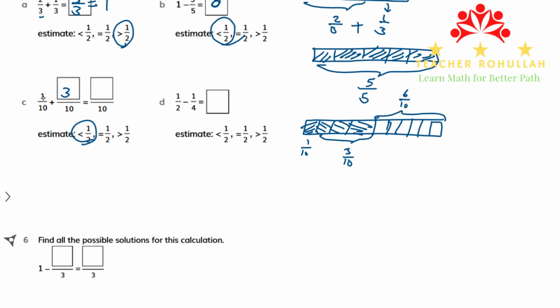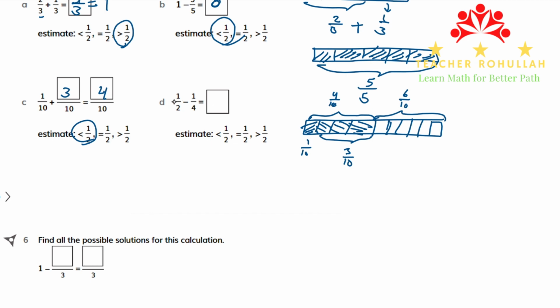Why? Because 1/10 plus 3/10 is equal to 4/10. So we can see that the answer is less than 1/2 because it is showing only 4 out of 10 equal parts.